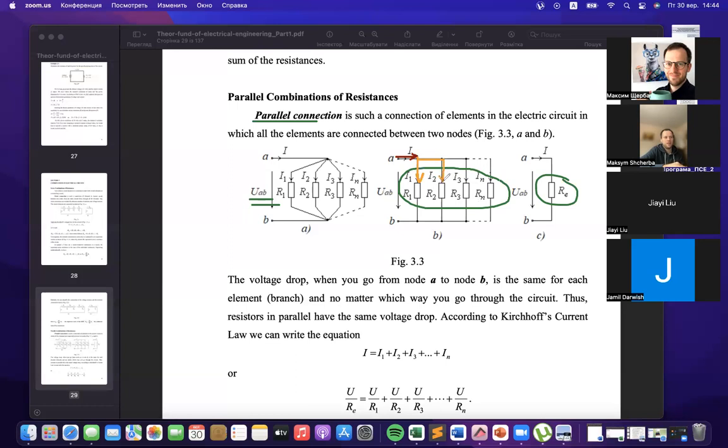It will divide into 4 currents, as you see, and the initial current will equal the sum of all other currents. Each current we could replace using Ohm's law: total current is voltage divided by total resistivity, the first current is the same voltage divided by the first resistivity, and for each current we write the same voltage over resistivity.